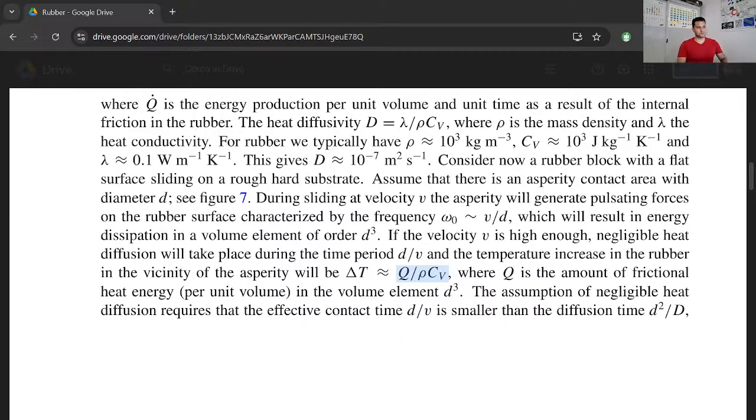This is dissipated by the elemental volume d cubed. Proper volume, the cubic value. Period.